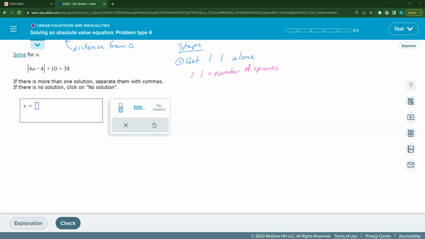And then once we have that, our second step is to think of changing from number of spaces to location.